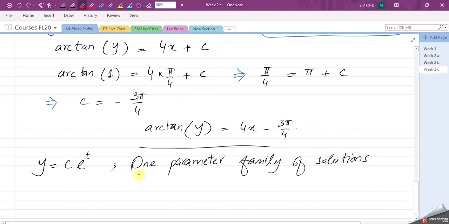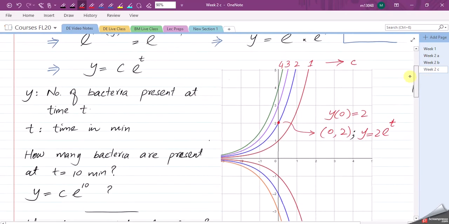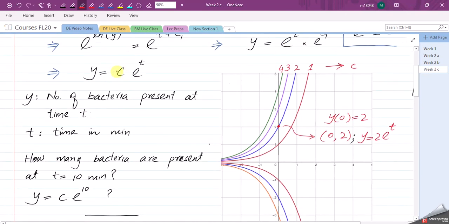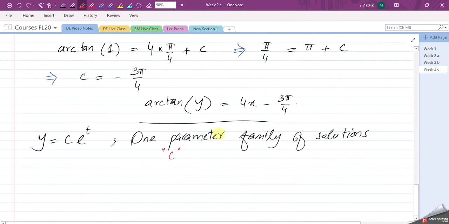One parameter is very clear from this c. This c is the parameter, and family of solutions, as we have seen in the graph, because for each value of c we get a different function, a different curve. So this is a family of solutions in this one function, and that family is being decided by this parameter c, one parameter. So that's why we call it a one parameter family of solutions.